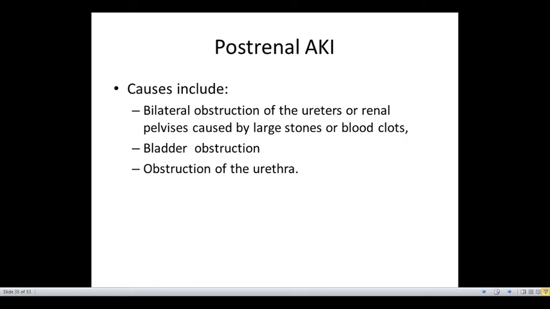The causes of post-renal acute kidney injury include bilateral obstruction of the ureters or renal pelvises caused by large stones or blood clots, or bladder obstruction or obstruction of the urethra.